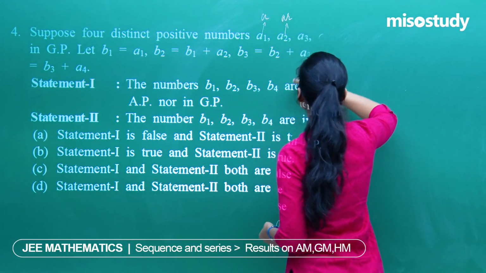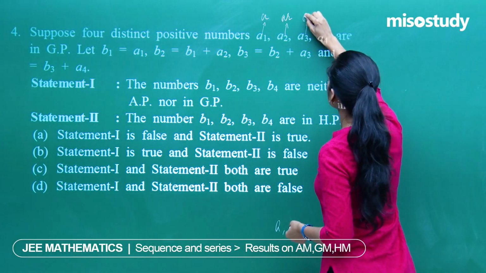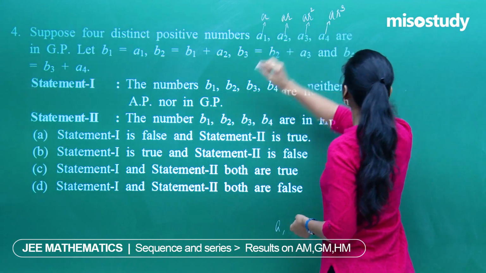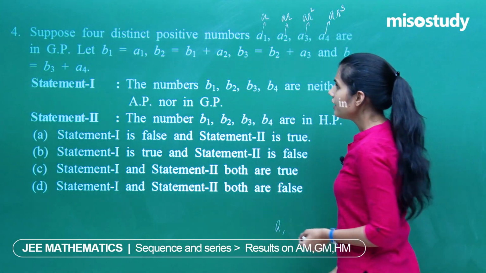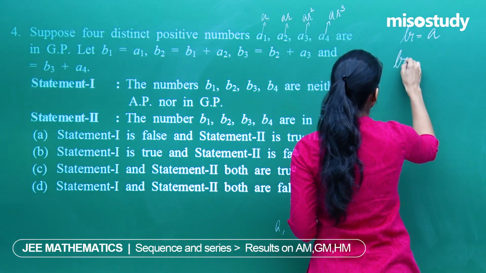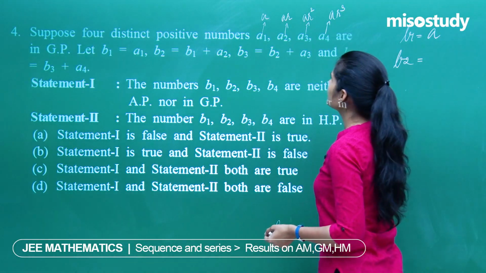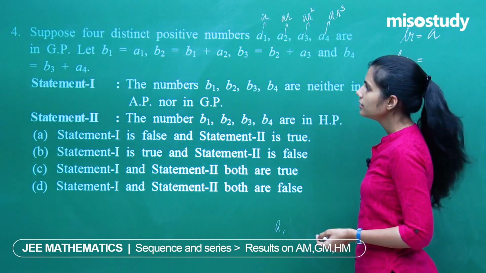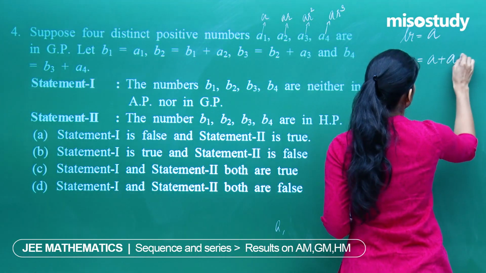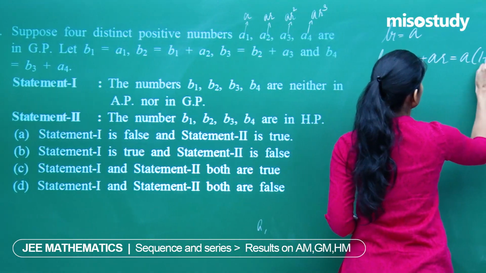So you get A1 is A, A2 is AR, A3 is AR square and A4 is AR cube. B1 is A1, so B1 is A. B2 is B1 plus A2, so A plus AR, which is A times 1 plus R.